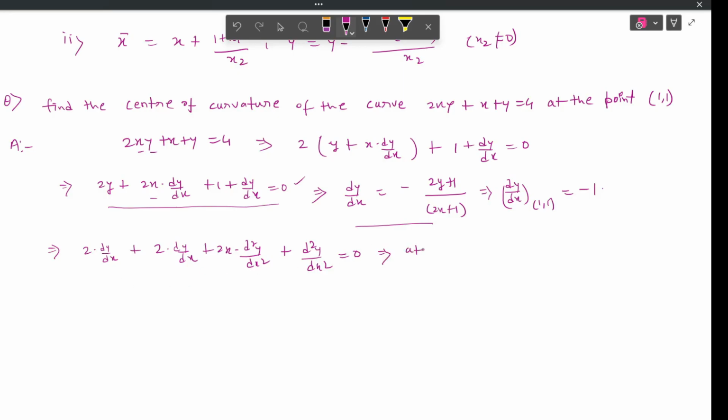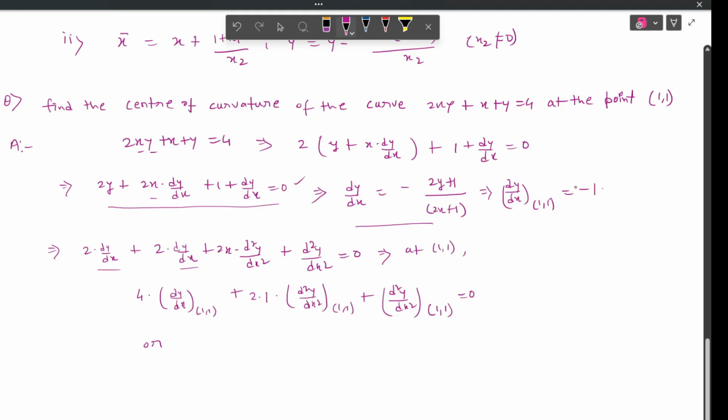This implies at (1, 1) this equation would be: 4 times dy by dx at point (1, 1), plus 2 into 1 into d2y by dx2 at point (1, 1), plus d2y by dx2 at point (1, 1) equals 0.